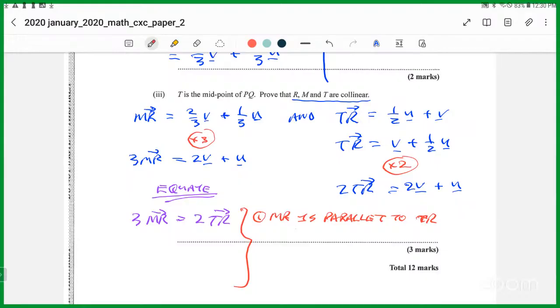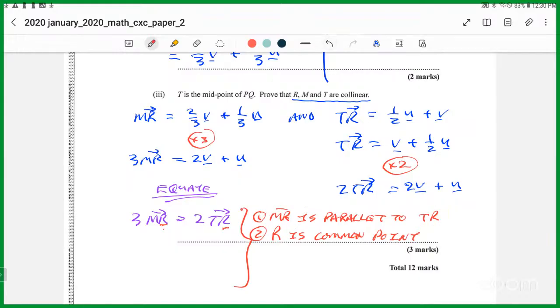For points to be collinear, you must have parallel vectors. The second thing is that there must be a common point. In this case, R is a common point. R is on both vectors, so R is a common point. You put arrows on top of these vectors.